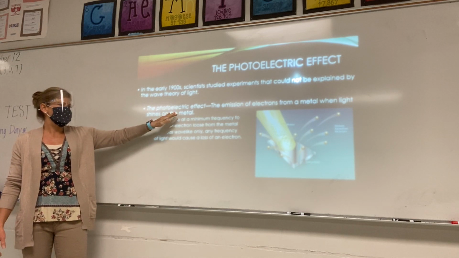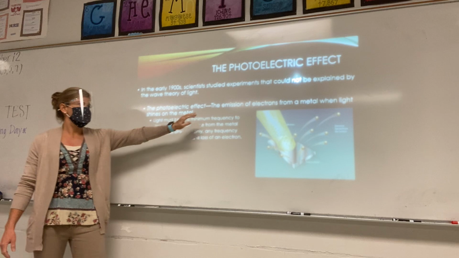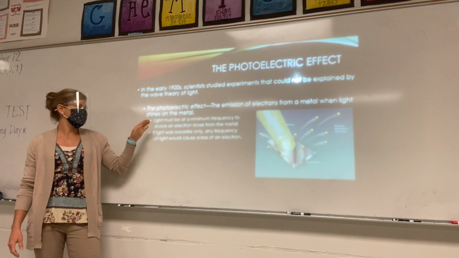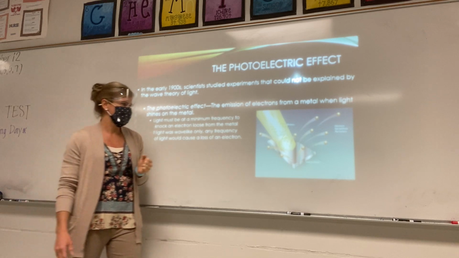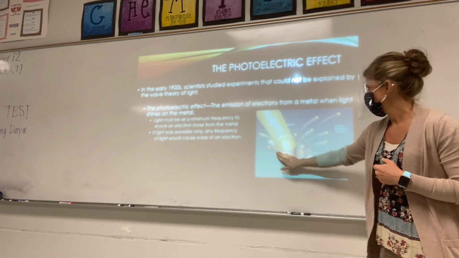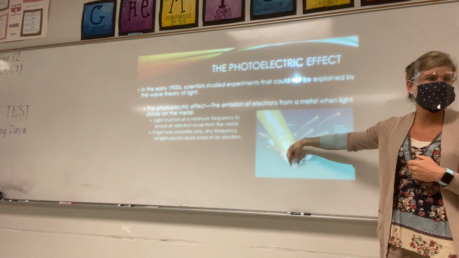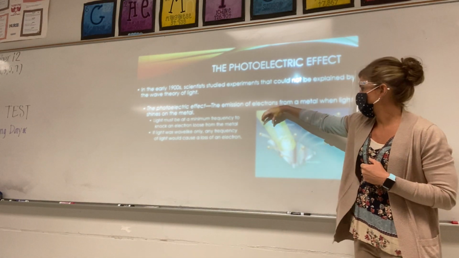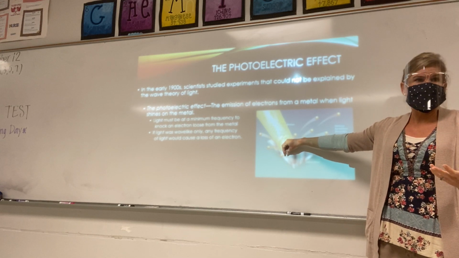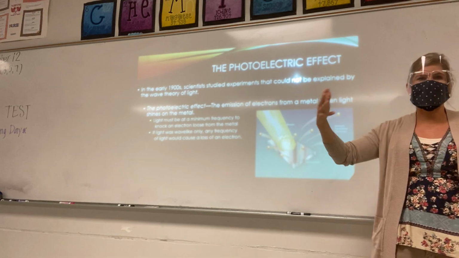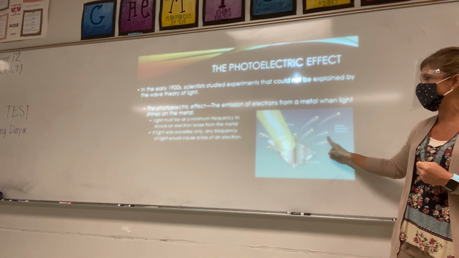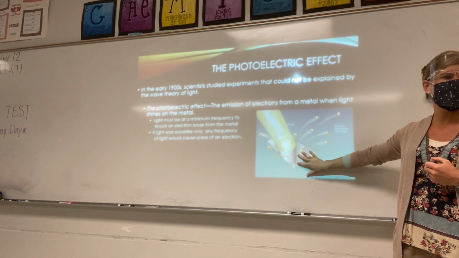What this photoelectric effect showed was that there was an emission of electrons from a piece of metal when light shined on the metal. We've got a piece of metal, and we're shining a very bright light. Since this bright light was shining at the metal, it gave the metal enough energy to excite electrons and have electrons bouncing off the surface of this piece of metal.